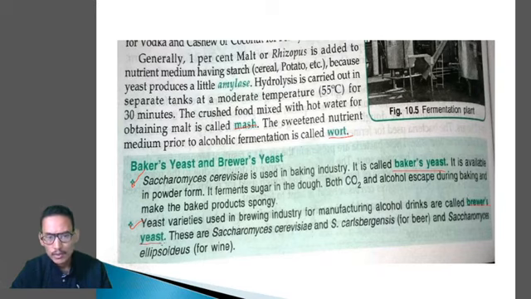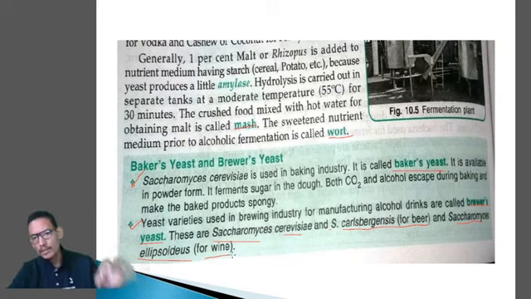Most of these brewer's yeasts are mainly Saccharomyces cerevisiae, Saccharomyces carlsbergensis for production of beer, and Saccharomyces ellipsoideus for preparation of wine.